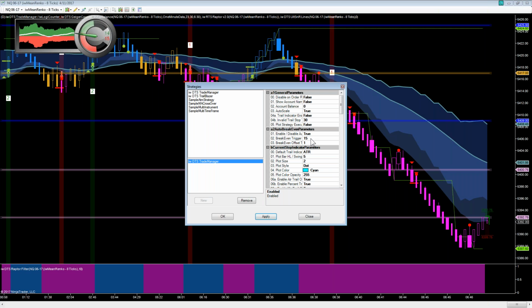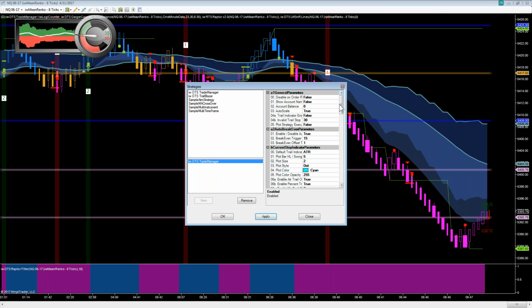Typically, I set it at about 75-80% of my profit objective. So for the Raptor, I'm looking for 20 ticks on the NASDAQ, so I set a 15-tick target, which is the default. And then you can preset how much profit you would like to protect when the trade goes to break even, and in this case it is set at 1 tick.